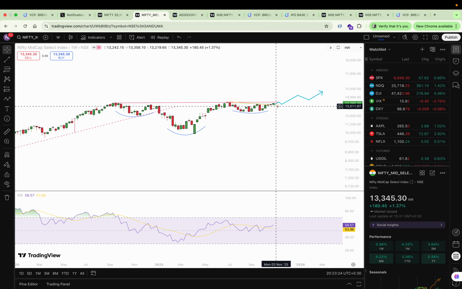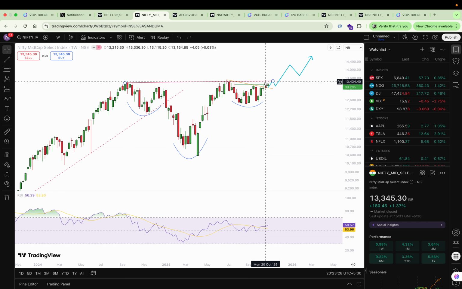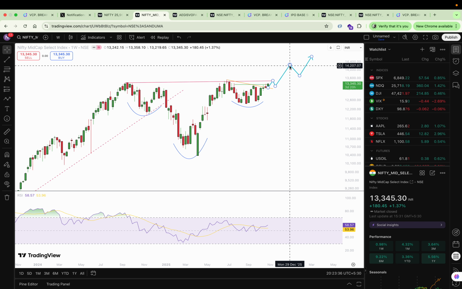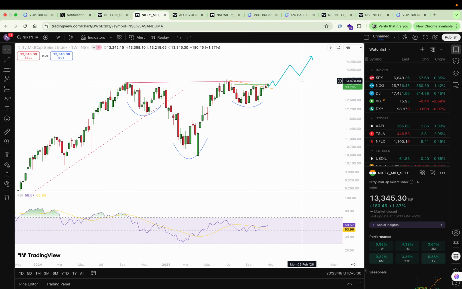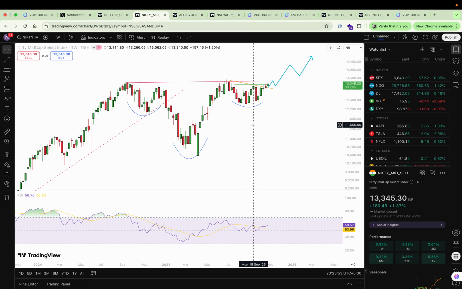Currently it is still yet to break out of this. Once it is above 13,500, we can see some movement. Just like Nifty and small caps, here also we are seeing the same thing: this bullish phase, and after this we might see some correction and then an up move.